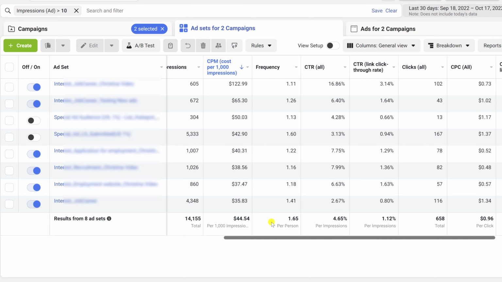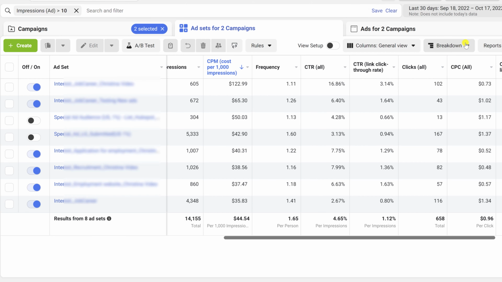It means that CPM varies from audience to audience. Some audiences are more expensive and some are less expensive. It can mean different things. It can mean that the competition level is too high, or simply that this audience is more expensive because they probably buy more things compared to other audiences that you are using. The CPM is also changing on a daily basis.